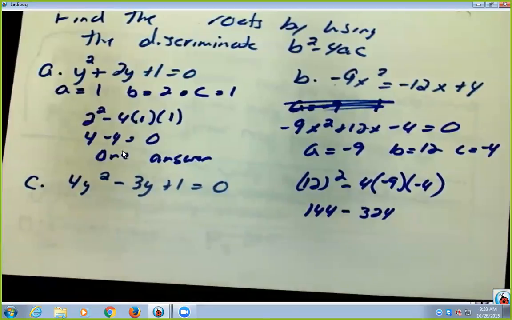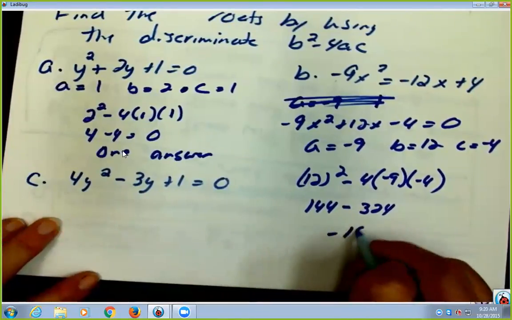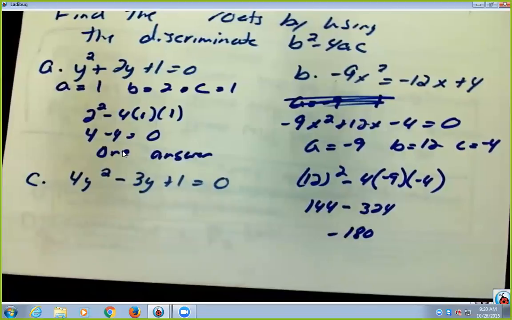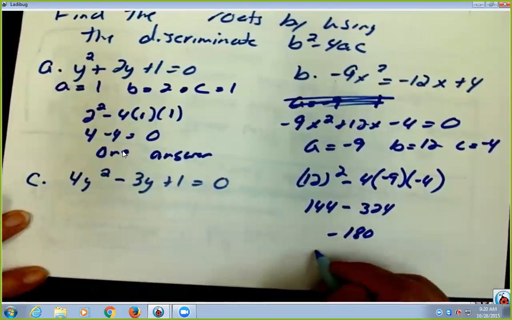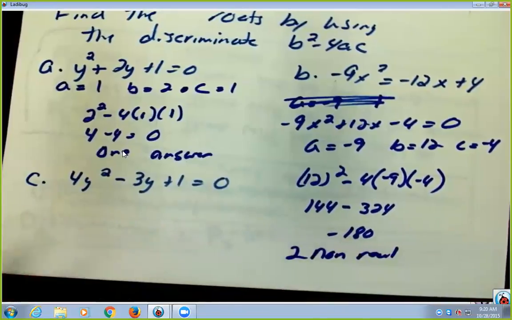And 144 minus that is going to give me a negative 180. And so I know I have two imaginaries with this one, or two non-reals. And then C, the very last one, what do you get for C?